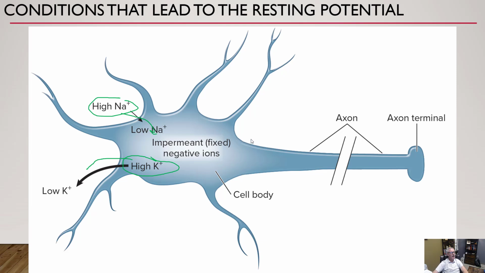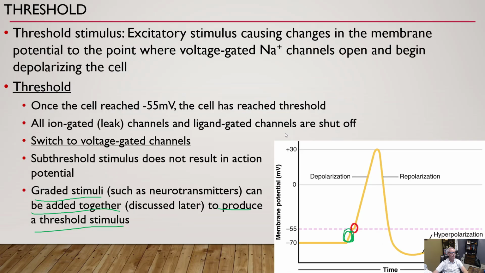Remember that axon hillock, remember these are dendrites, cell body. That axon hillock is right here. It's where the axon comes off of the cell body. So this is where we start the axon, or that electrical impulse, and then it will travel down the length of the axon.